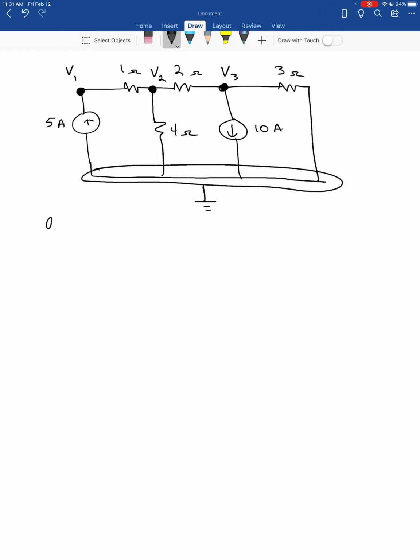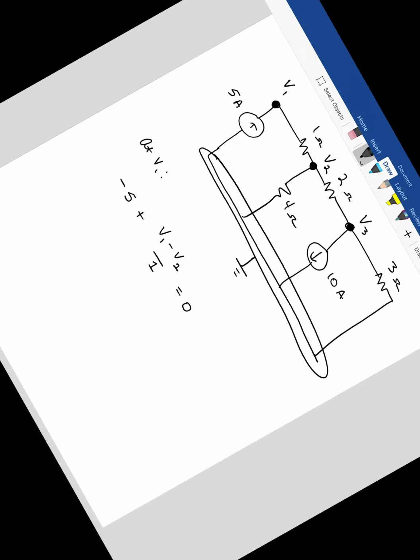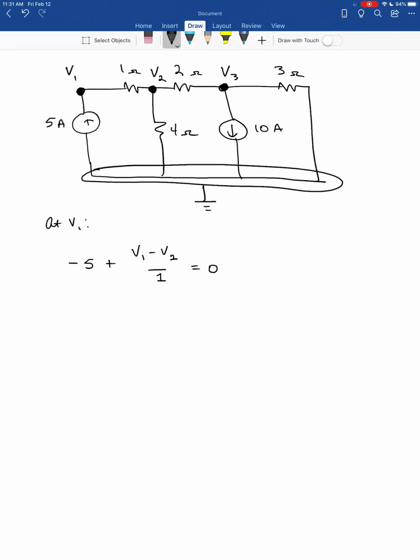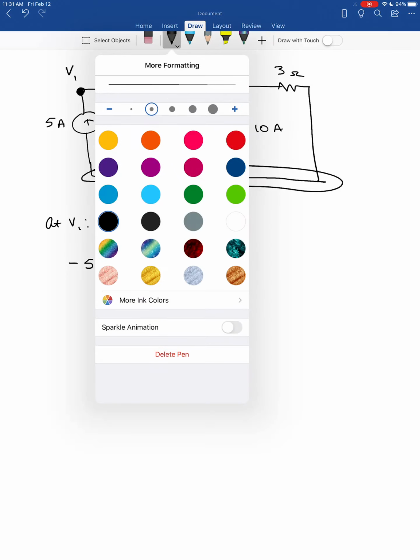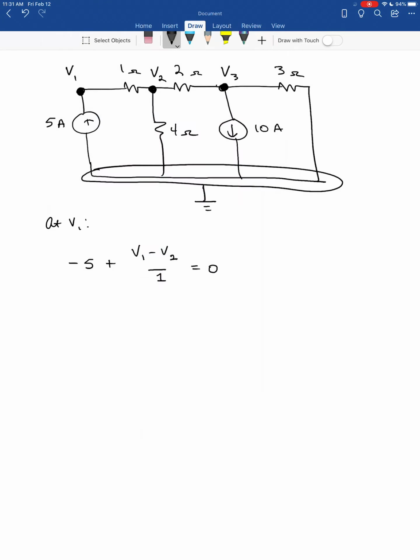Alright, so writing the first equation at node V1, we have minus 5 because it's entering the node, and then plus V1 minus V2 over 1 is 0. For the second node, if we were to draw a circle around that, we see it's got 3 branches.